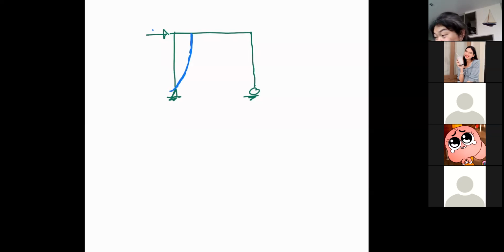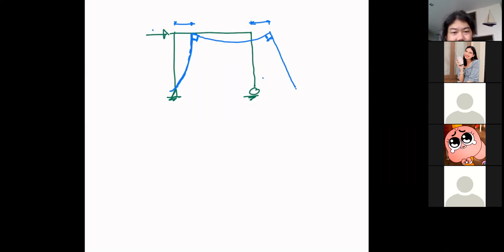And this is a rigid joint, so it has to maintain 90 degrees. This one will deform like this, and therefore this distance should be equal to this, for example. And this is a lean column with the 90 degrees intact. That's how it should be.